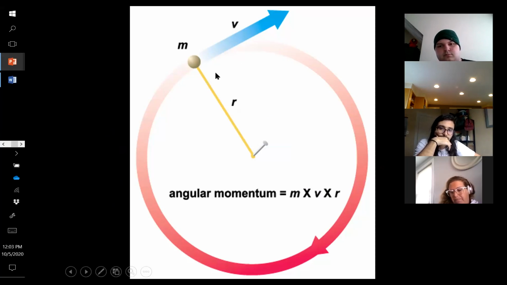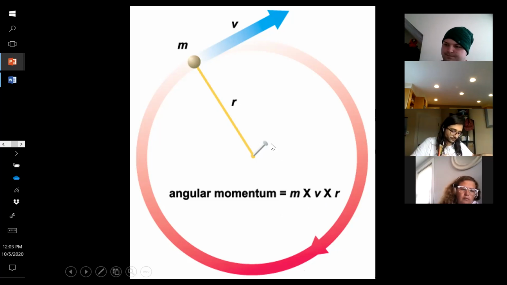It's traveling at a velocity v, but instead of just traveling straight through space, it's rotating on a circle. Here it's constrained to move on some kind of a wire or a thumbtack that's been tapped down to the page there. And so the particle is just swinging around in a circular orbit. When this happens, we can define the angular momentum of the particle as its mass times the velocity times the radius of orbit r.